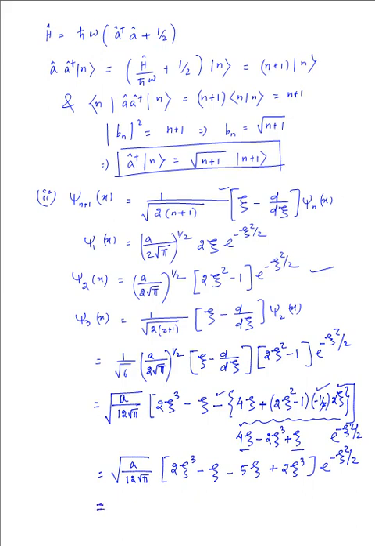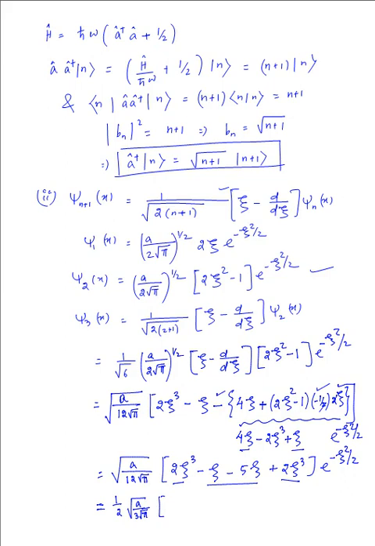Now this root 12 has 4 times 3, so 4 can be taken out of that root sign, so we have 2 over there. So this is a over 3 root pi, the 2 goes outside, and we will have a 2 factor over here as well, because this is minus 6 xi and this is 4 xi cube.